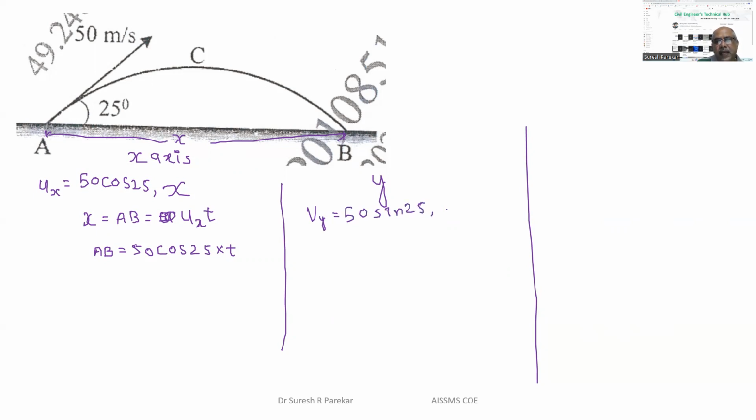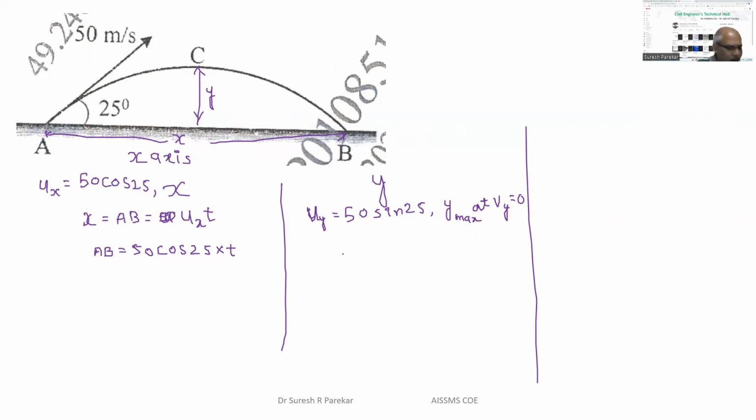And then we have to find the value of the maximum height. So this will be Y. So where do we have Y max? Y max is at vy equal to 0. And therefore this is uy and this is vy equal to 0.